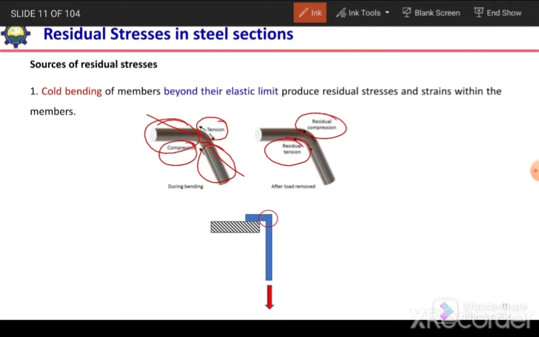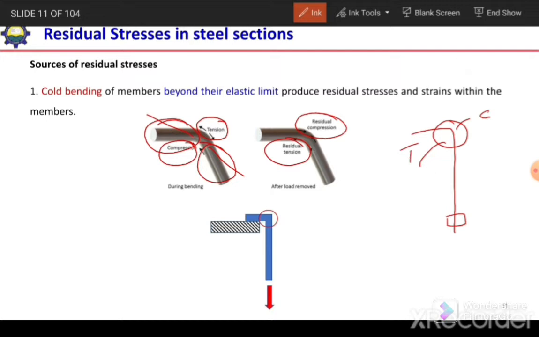For example, during the fabrication of a J bolt, which has such a shape, with a bolt and nut, this portion is a bend portion. At the outer side there will be residual compressive stress, and on the inner side there will be residual tensile stress.